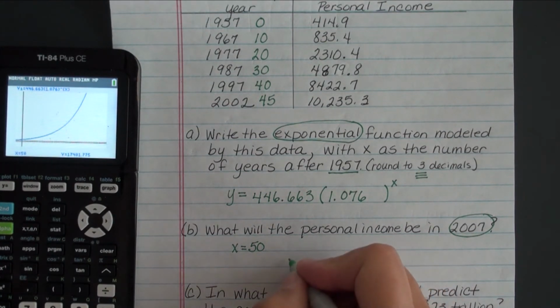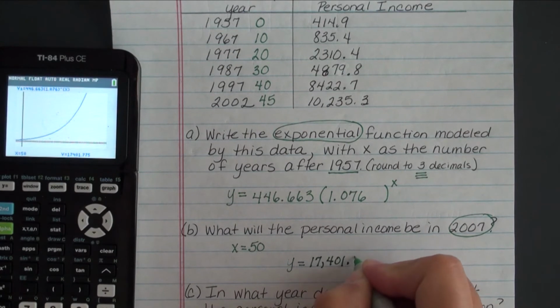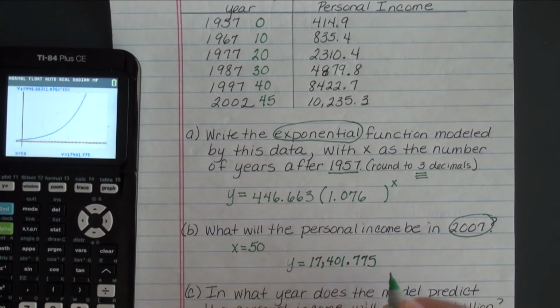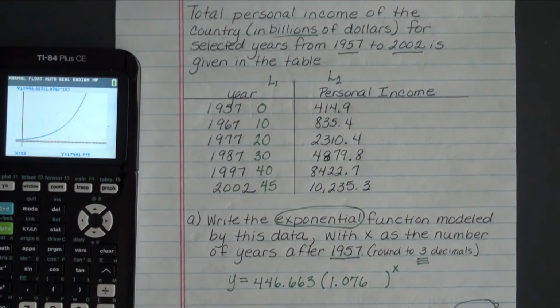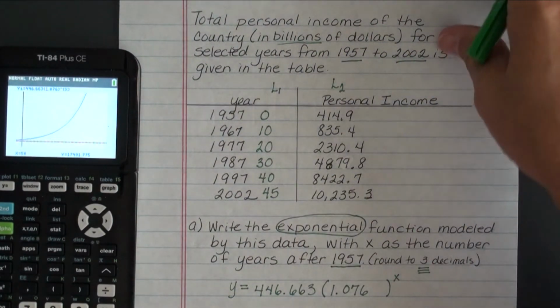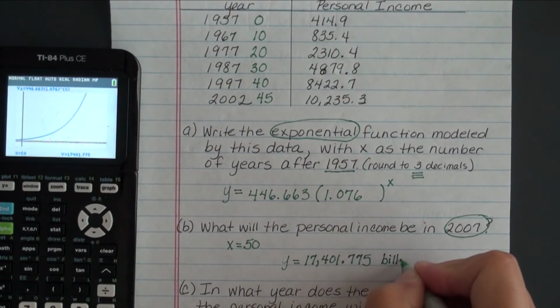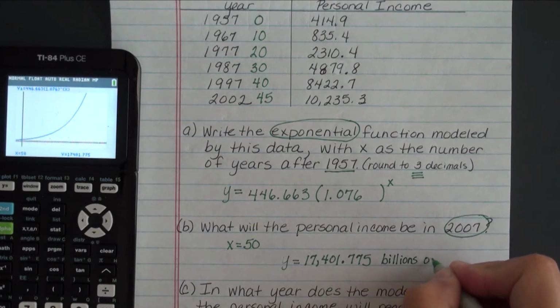And I get y equals 17,401.775. And remember that the income was in billions of dollars. So that answer is in billions of dollars.